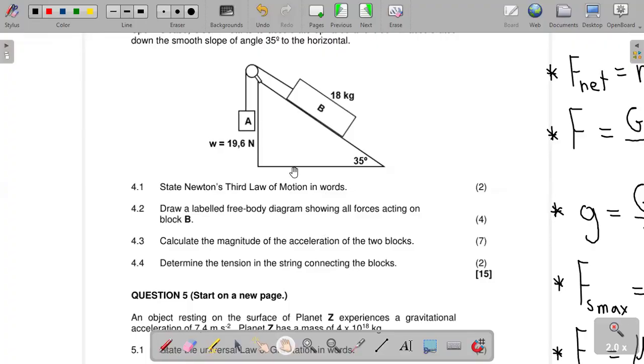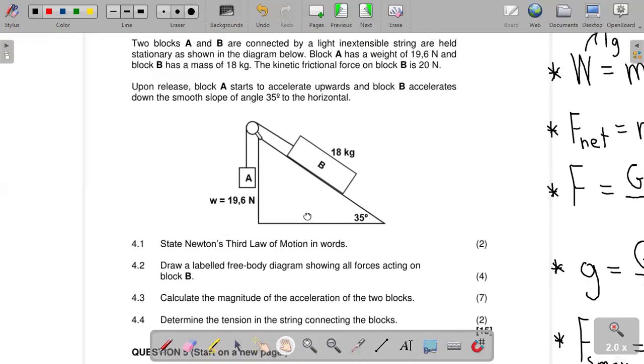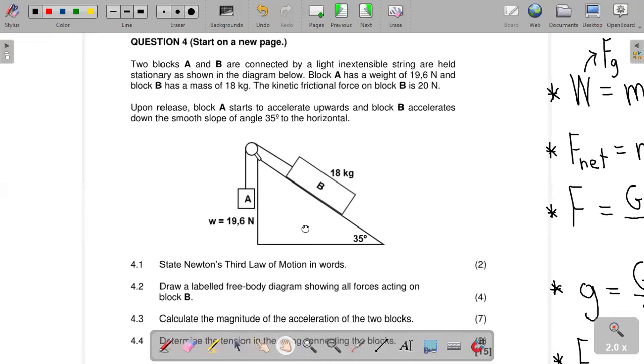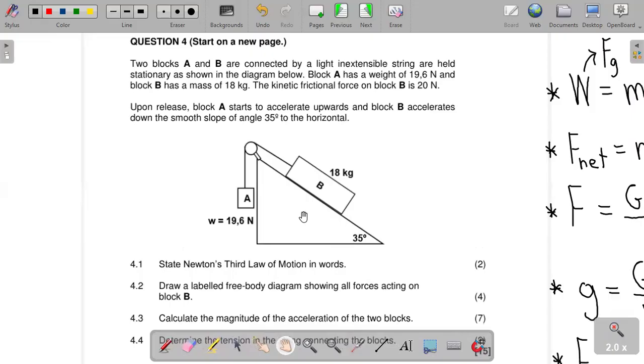Now, again, here's the other part that is confusing. Which force becomes positive and which force becomes negative? The tension is going up, because object A is going up. That is the direction of movement.